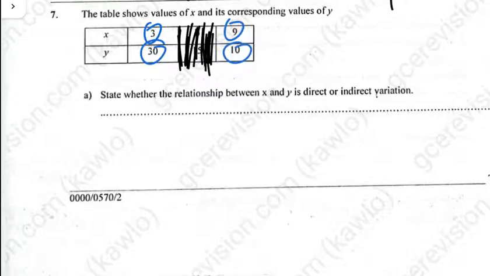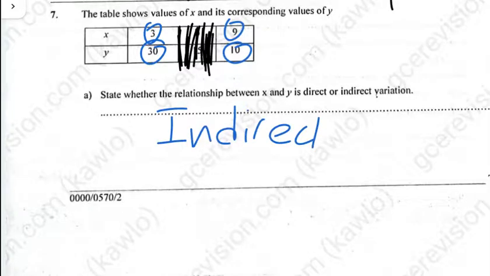So what type of variation is this? This is indirect or inverse variation. So this one is indirect variation.